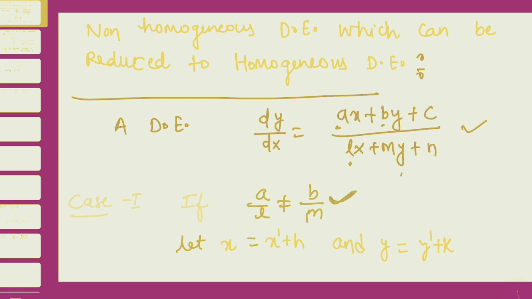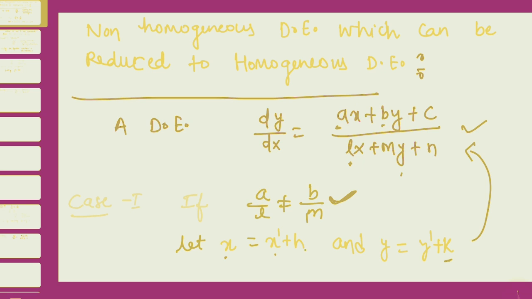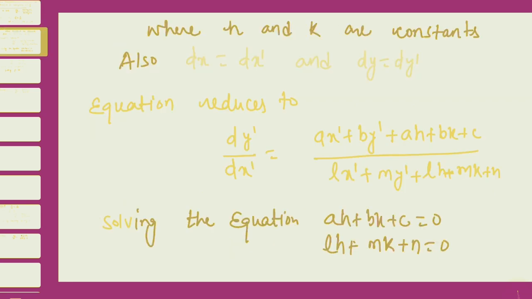So we will make a substitution: x equal to x dash plus h and y equal to y dash plus k. Means in this differential equation we will substitute x equal to x' plus h and y equal to y' plus k, where h and k are both constants. So dx will be changed to dx' and dy to dy'.